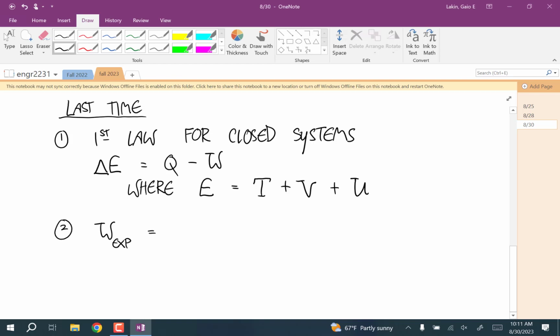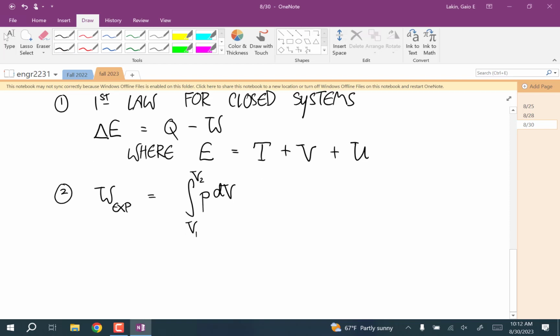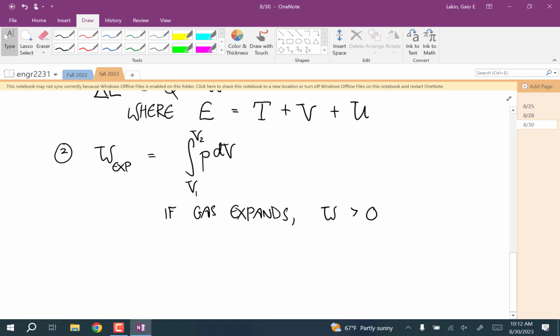That's equal to the integral of the pressure dV as you go from volume 1 to volume 2. If the gas expands, work is positive. And if the gas contracts, work is negative.